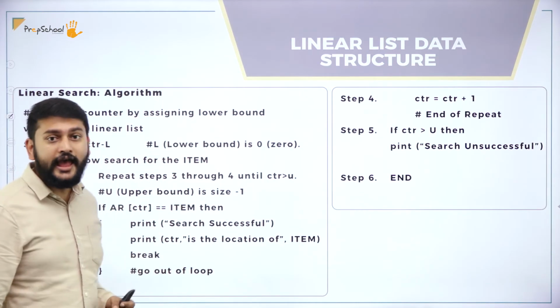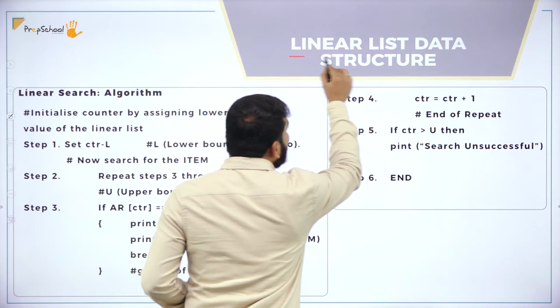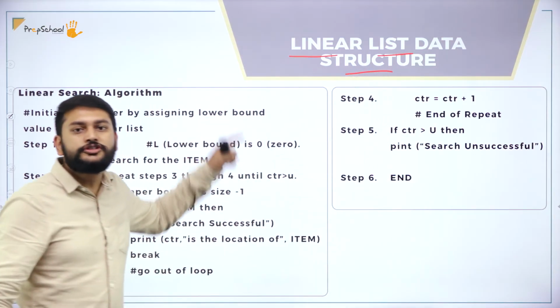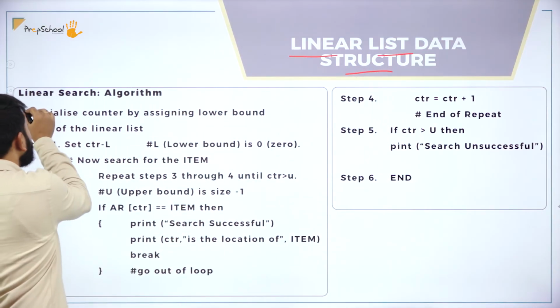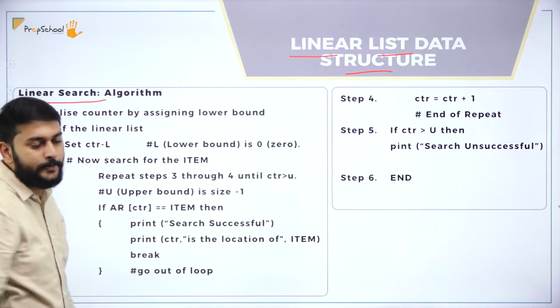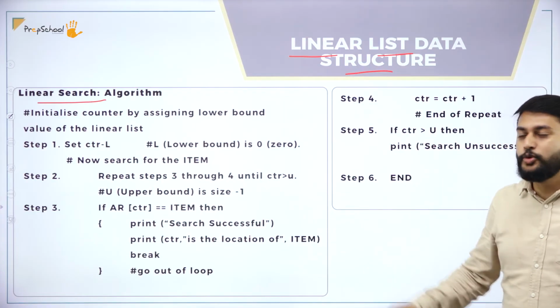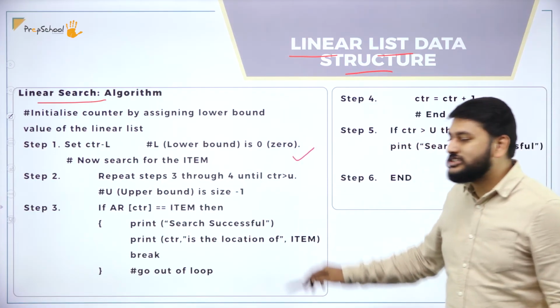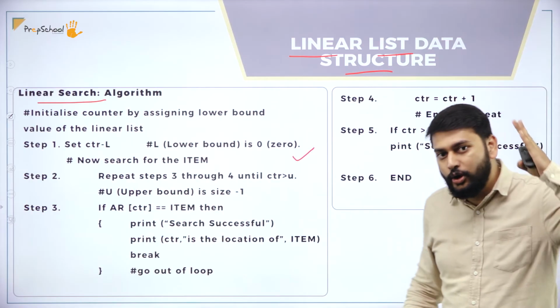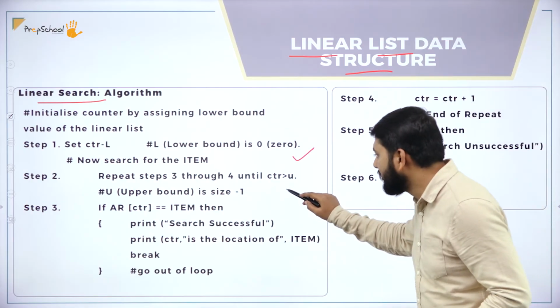What is the next topic that I have? Guys, I have the linear list data structure. Using this concept, I'm trying to write the algorithm for linear search. In step 1, I'm setting the lower bound, and in step 2, I'm setting the upper bound.